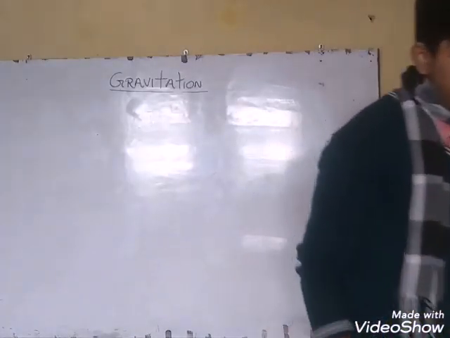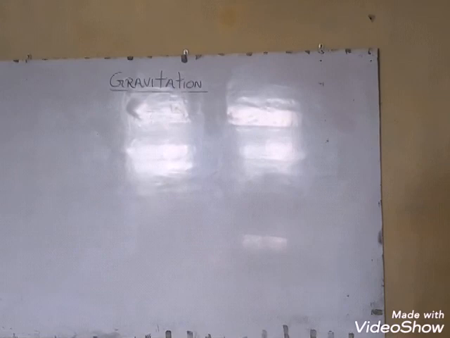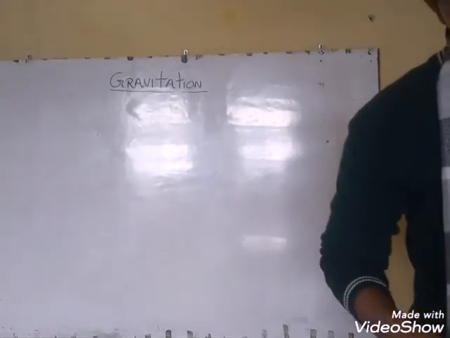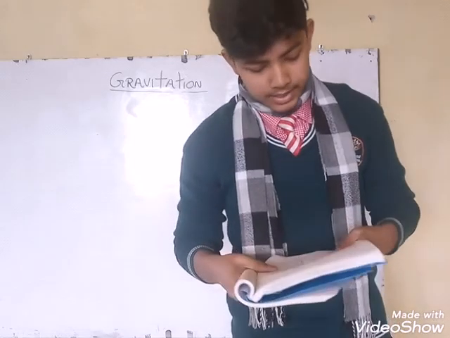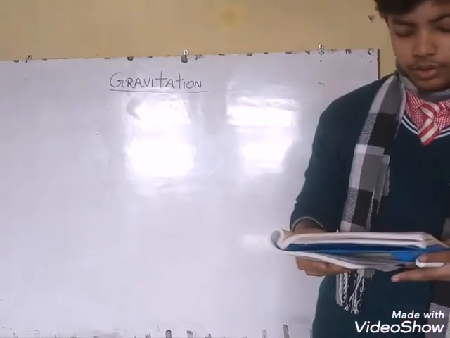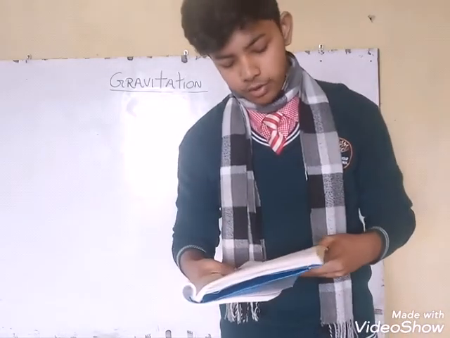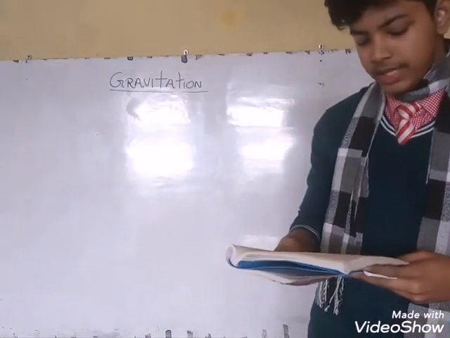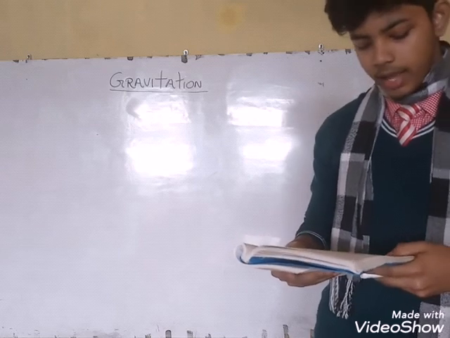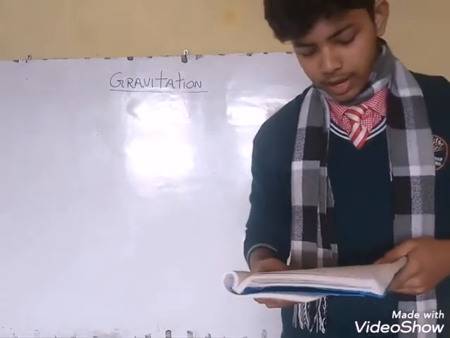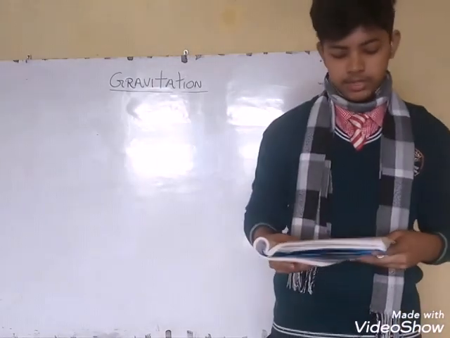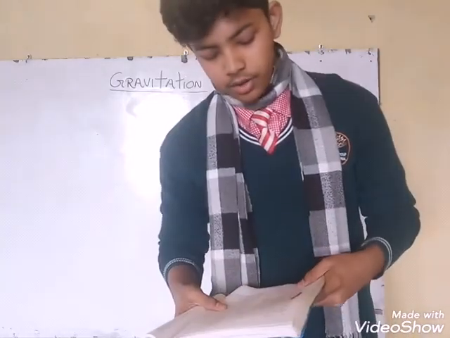The first question is, the mass of the earth is 6 multiplied by 10 to the power 24 kg. That of the moon is 7.4 multiplied by 10 to the power 22 kg. If the distance between the earth and the moon is 3.84 multiplied by 10 to the power 5 kilometers, calculate the force exerted by the earth on the moon.